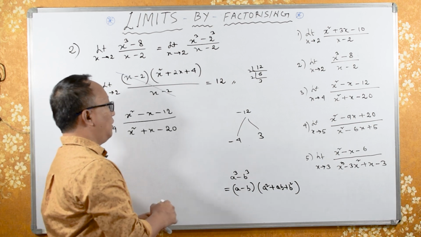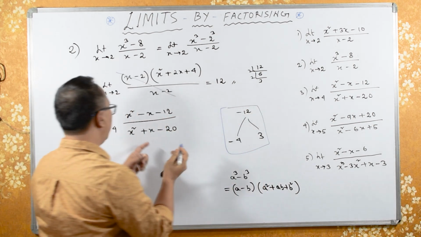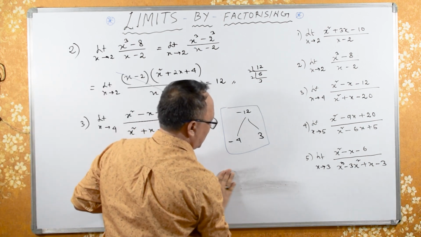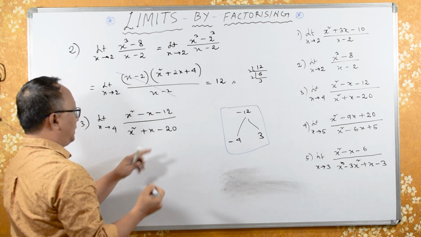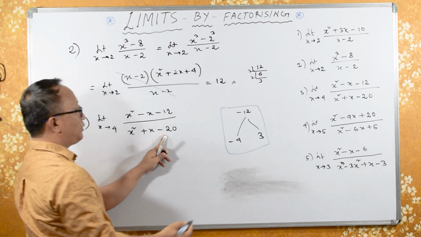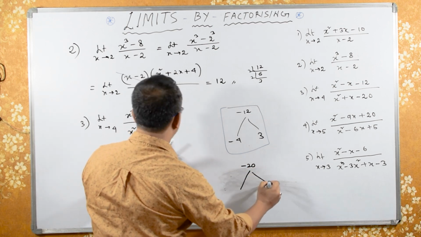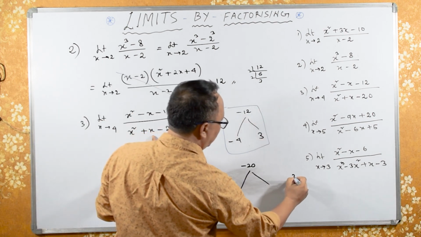What about the denominator? Here, 1 into −20 gives −20. We want two numbers such that if we multiply, we get −20.